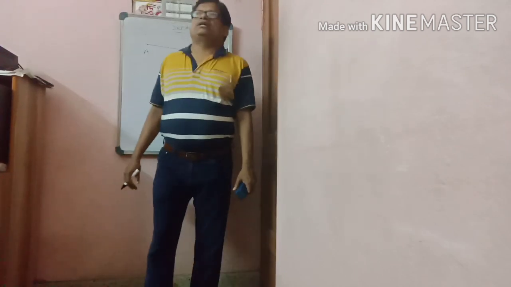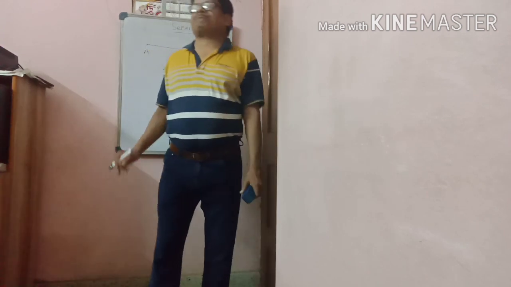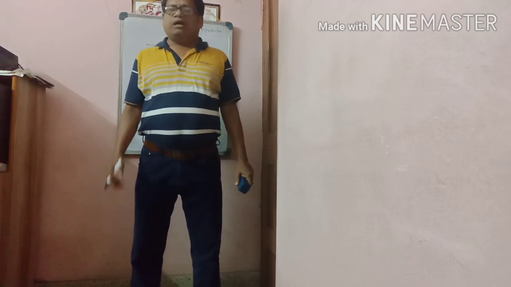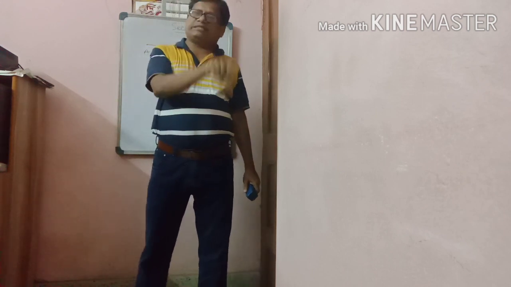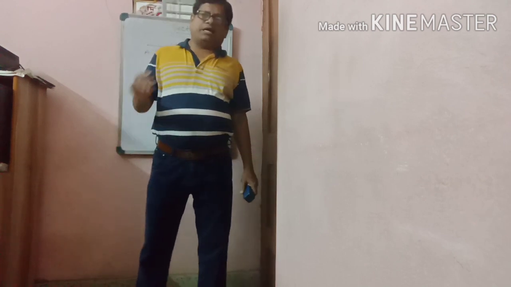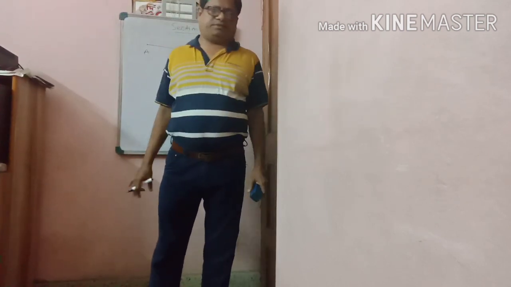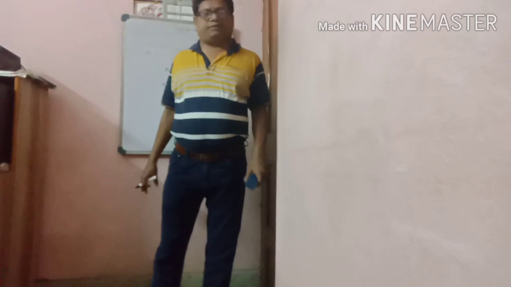Keep in mind, all of you know the point on the x-axis is x comma 0 and the point on the y-axis is 0 comma y. Suppose internal division or external division, nothing is given, only the point is given.